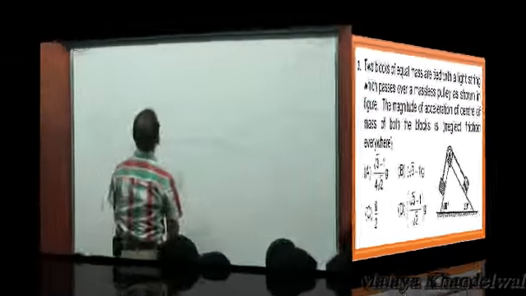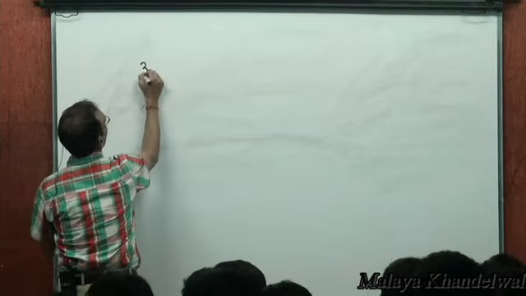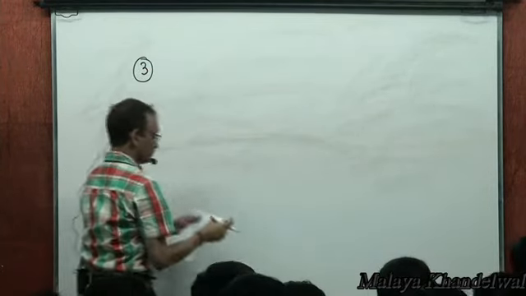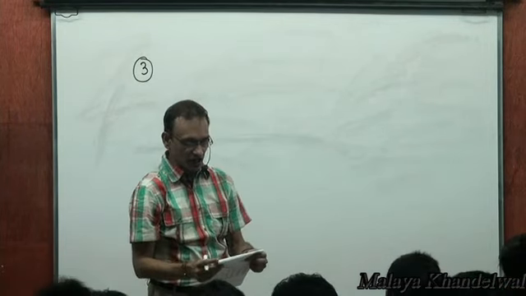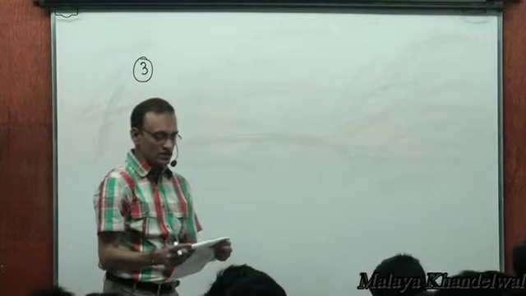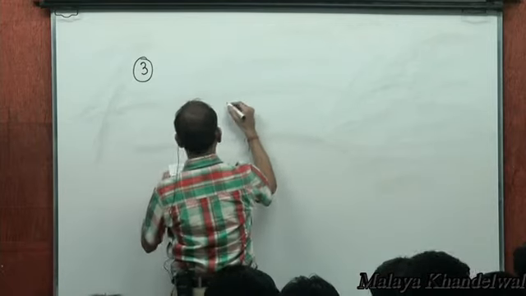All right, problem 3. Two blocks of equal mass are tied with a light string which passes over a massless pulley as shown in the figure.